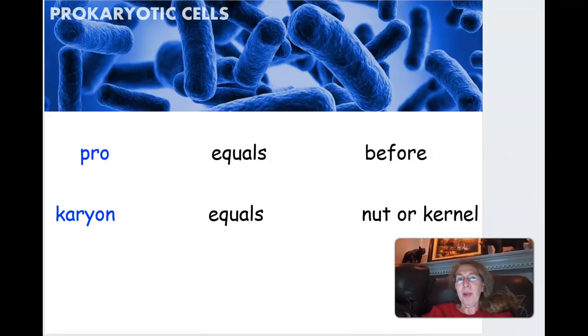So if we look at prokaryote, pro means before, karyon means nut or kernel. And in terms of cells, the nut or kernel refers to the nucleus. So these organisms came before the nucleus evolved. So pro, before, karyon, nucleus.